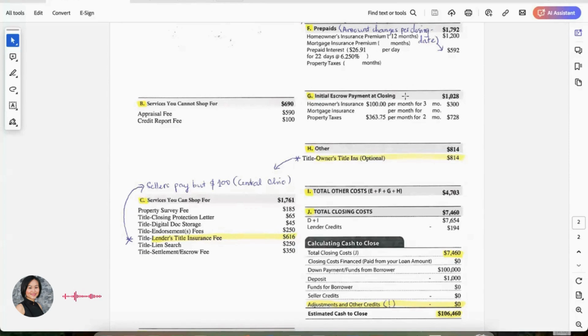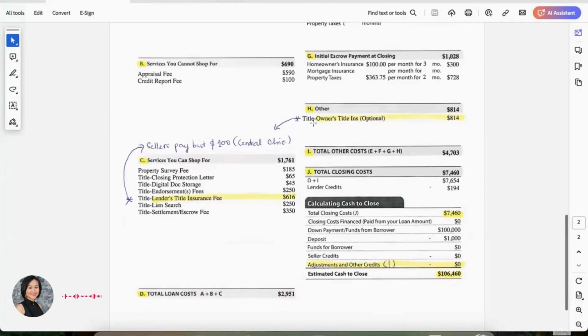Basically, the lender holds that account and twice a year they pull the money out and pay the property tax and insurance for you. So it's technically your money. They put it in there. Now, if you sell the house and there's any leftover in the escrow account, they're supposed to refund it back to you. So this is not a fee, but it's your money in the escrow account. Put it that way. All right.